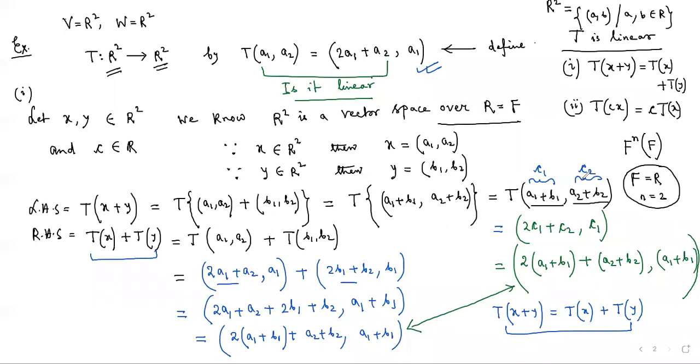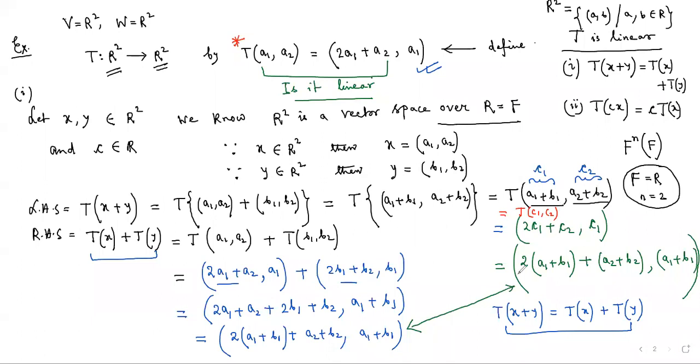Now if I look at this simply as T of C1 comma C2, we can apply this definition. Since T of A1 comma A2 is 2A1 plus A2 comma A1, T of C1 comma C2 will be 2C1 plus C2 comma C1. I'm just replacing A1 by C1 and A2 by C2.